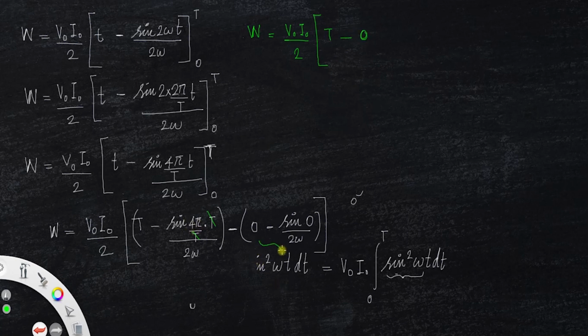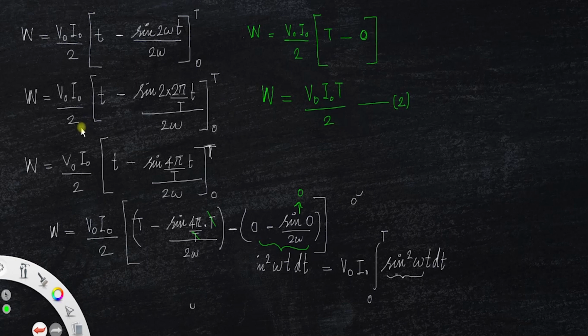This whole term will become 0. This is also 0, since sine 0 is 0. So no need to write this term. The value will be T minus 0. So the total work W is equal to V0 I0 times T divided by 2. Call this equation number 2.